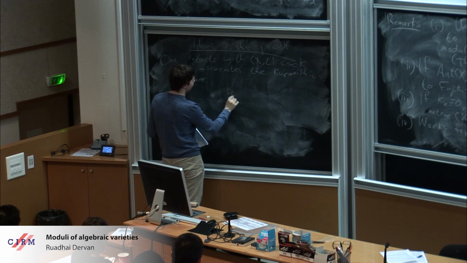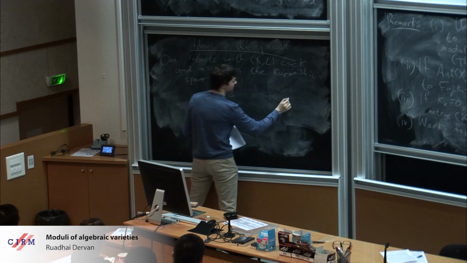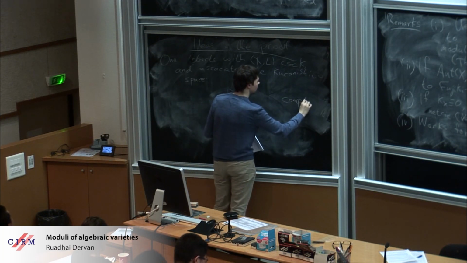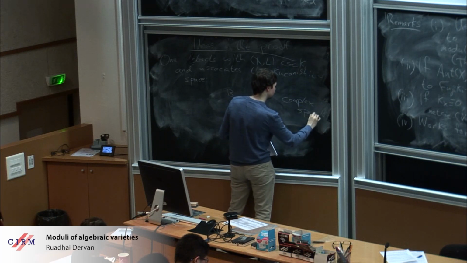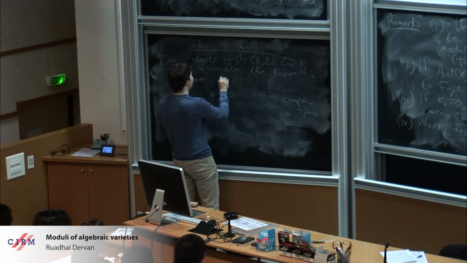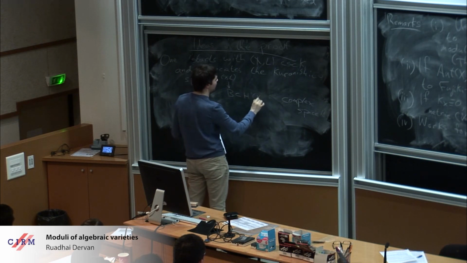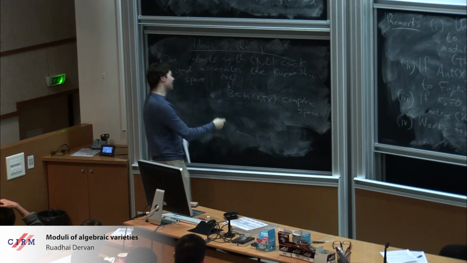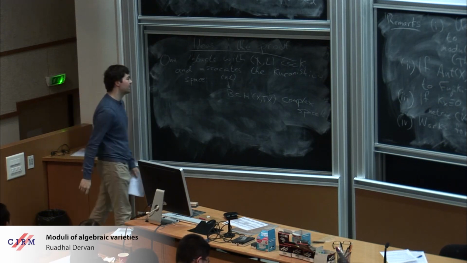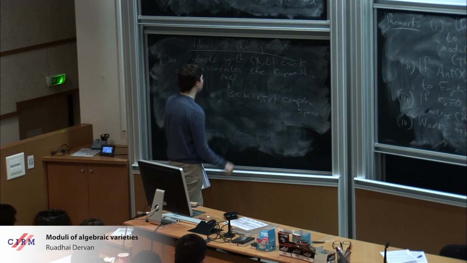As follows, this is B, a complex space, the Kuranishi space. The nice thing is that it has a universal family. Actually, B most naturally lives inside H^1(X, T_X), the first cohomology of the holomorphic tangent bundle.